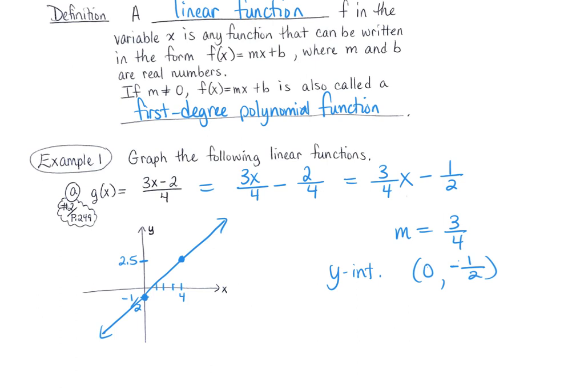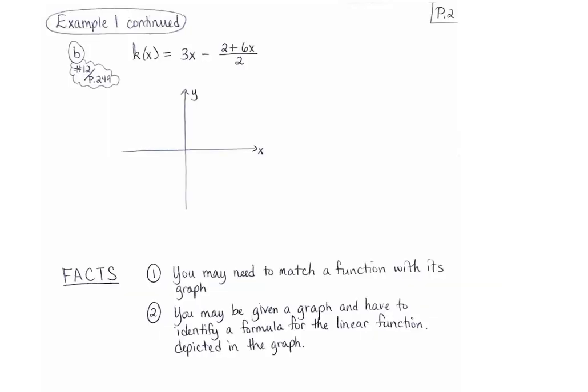As promised, let's go ahead and complete section 4.1, example 1, part B. I said 4.1, but that should be 4.2, example 1, part B. So here we have k of x is equal to 3x minus the quantity 2 plus 6x divided by 2. Our goal, remember, is to graph.